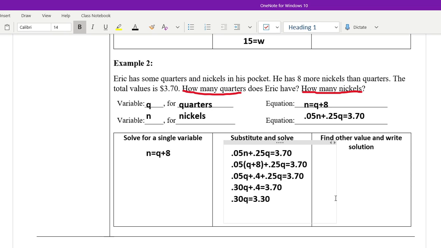And our last step is to divide by our 0.30, our coefficient, which gives us our quarters equal to 11, which in this case would answer our first question. How many quarters does Eric have? As of right now, he would have 11.